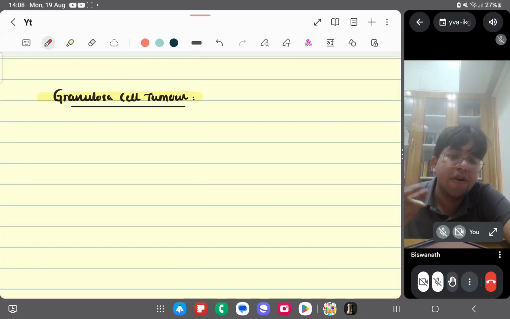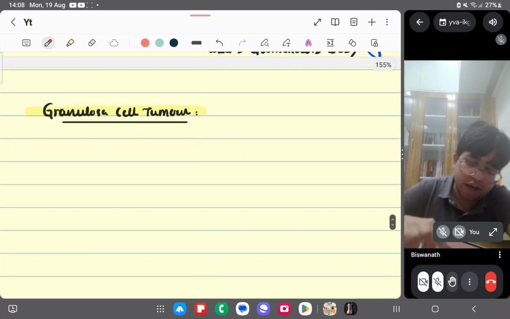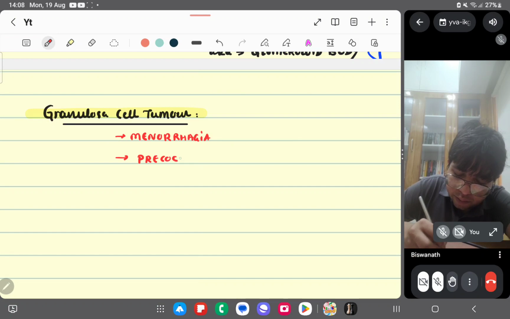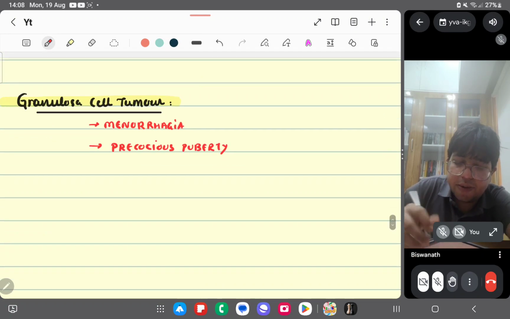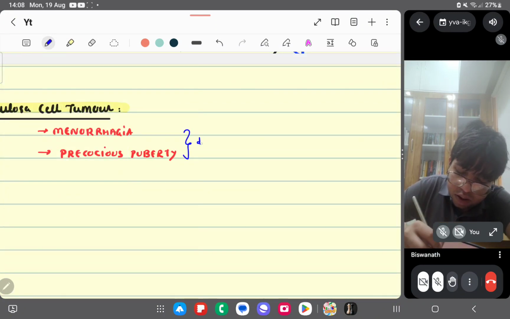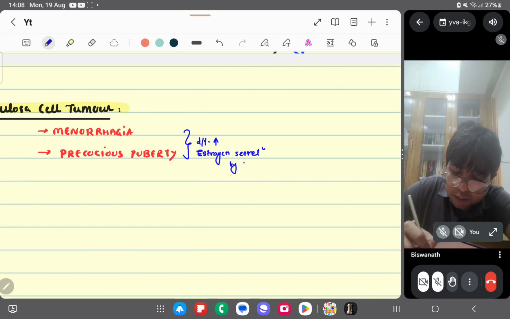And due to estrogen secretion, if it occurs in childhood, it will lead to precocious puberty as well. All these things are happening due to increased estrogen secretion by the tumor.